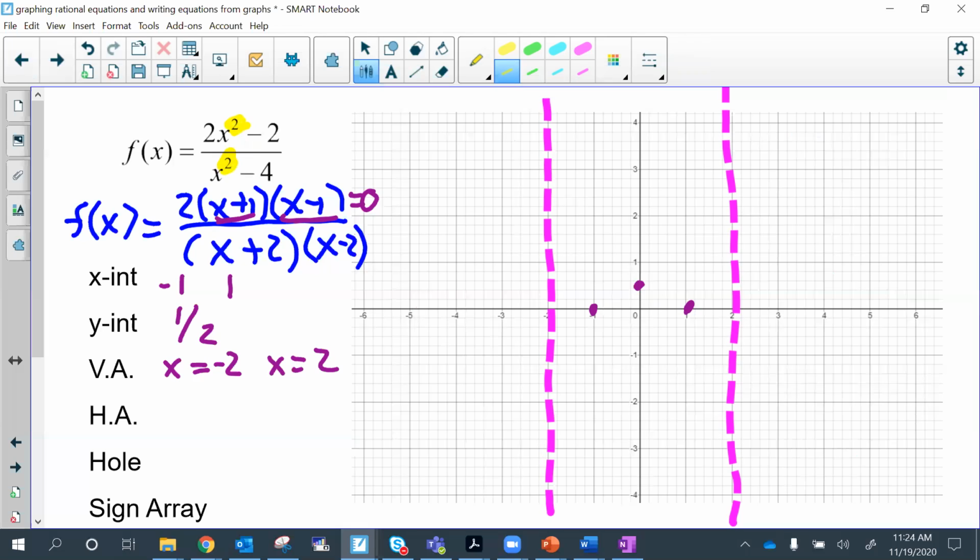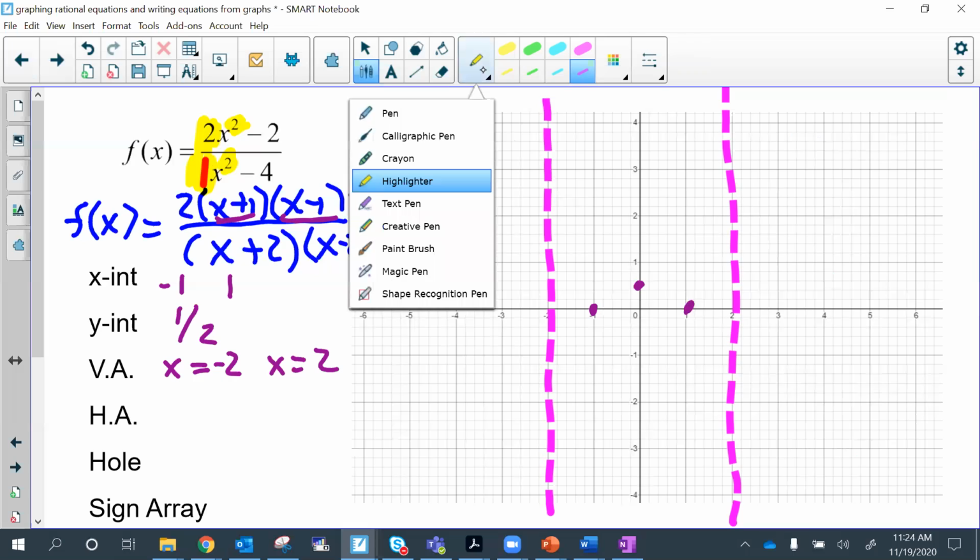So then what do we do for the horizontal asymptote if the degrees are the same, 2 equals 2? If they're the same, then it would be 2 over 2. So it would just equal 1. Yeah, 2 over, and right here I don't see anything, that's because it's a 1. So when I do 2 over 1, I get 2.